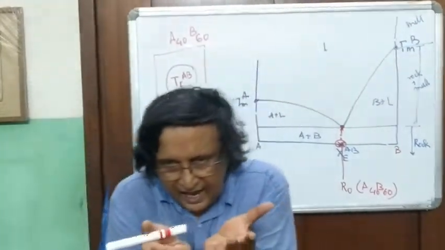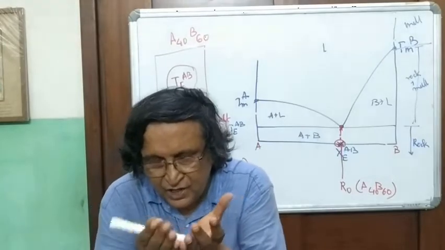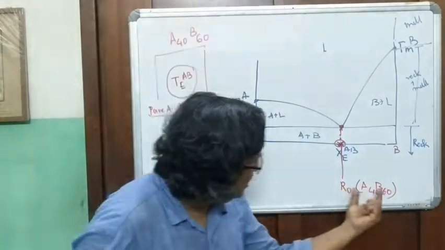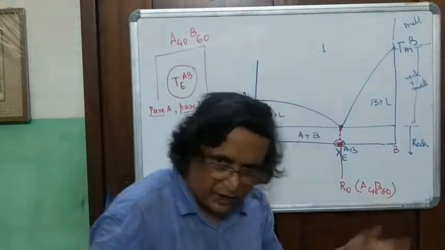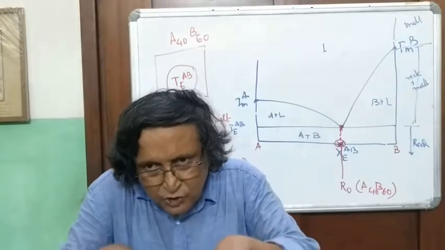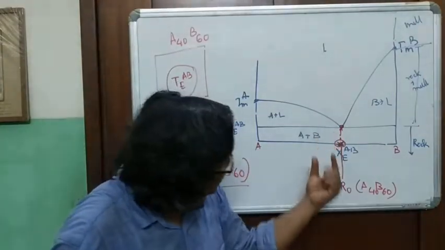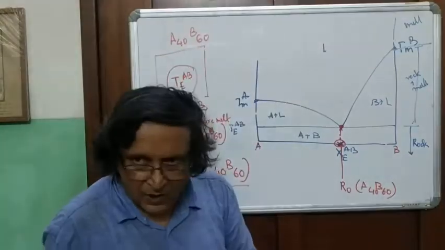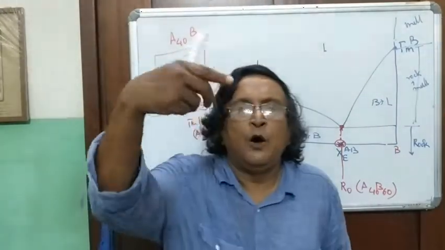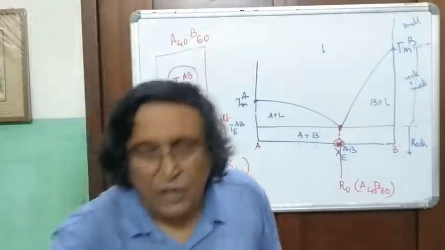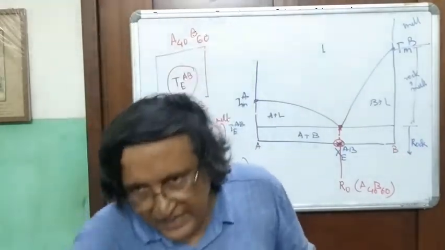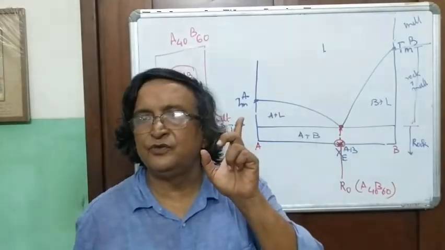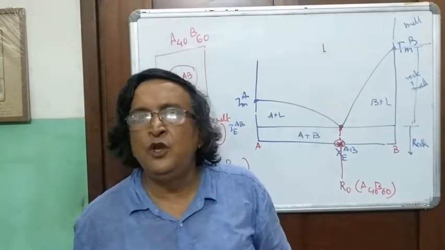Only the proportion of melt, the melt fraction, will increase, and the proportion of A and B in the rock will also not change because they will be melting in the same proportion. But the liquid will not change its composition.